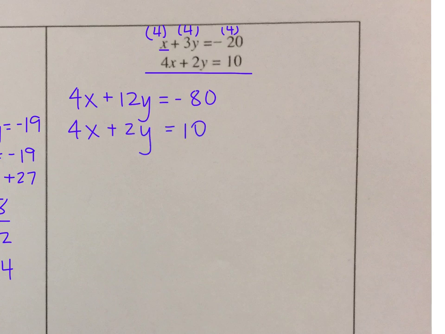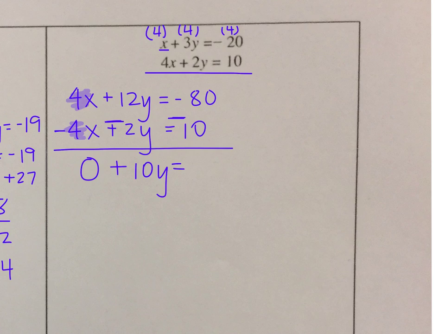Now we have these 4x's that are the same, but we're going to have to change our signs on the bottom one to make them cancel out. So I'm going to make that a minus 4x, that a minus 2y, and that a minus 10. 4 minus 4x is 0. 12 minus 2y is 10y.